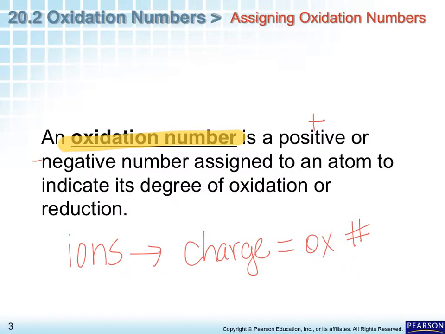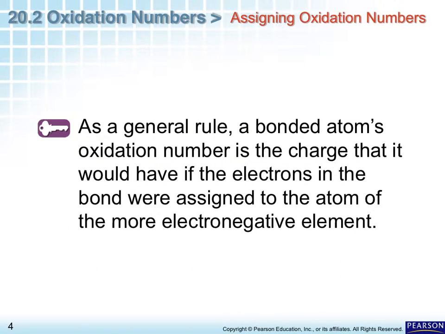So we've been talking here in the last lesson, we looked at what charge does the ion have to help us determine did it gain or lose electrons. But if we're talking about covalent bonds, then we're talking about a whole different situation. The idea here of an oxidation number is if all of the electrons in the bond were assigned to a more electronegative element, what would happen to the electrons?